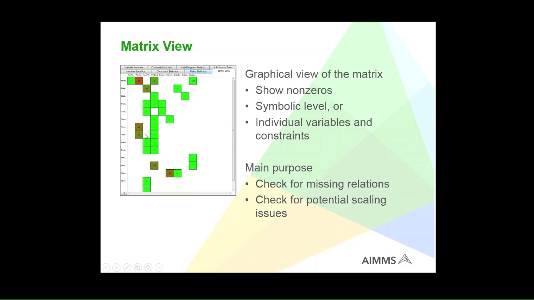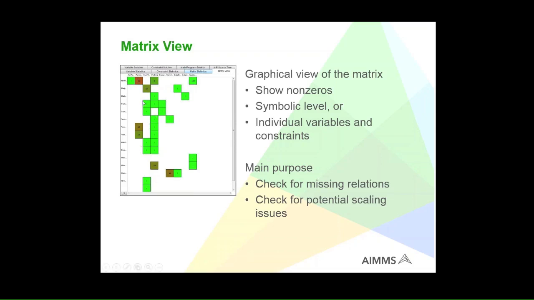Those two variables are in that constraint. You can see that on a symbolic level, that is what you see here, and you can see it on an individual level, like every individual variable. So for elements 1, 2, 3, 4, 5, all elements in the set, you will see one block. And I will show that in a little bit as well.